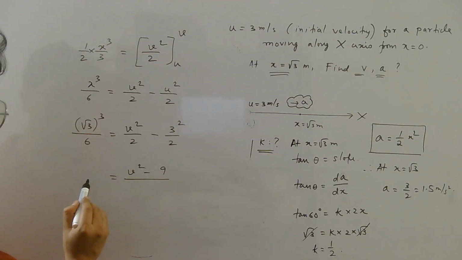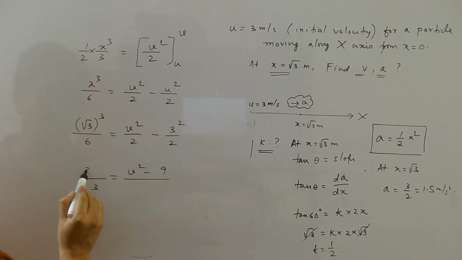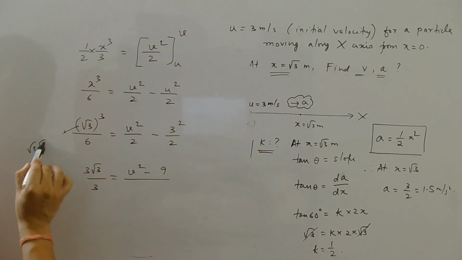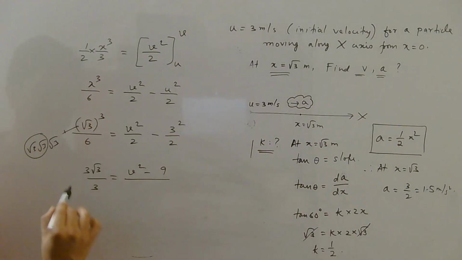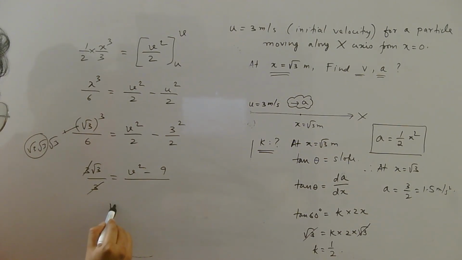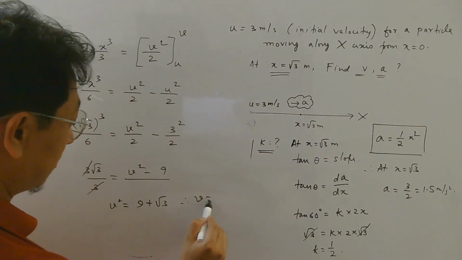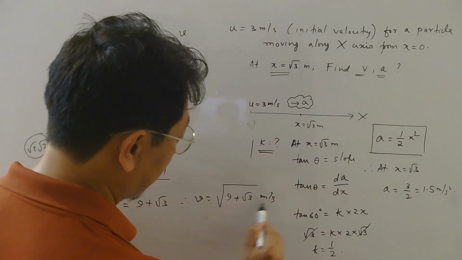Then 2 and this 6, if I divide, I'll get 3 here. Root 3 cubed can be written as root 3 times root 3 times root 3. Root 3 into root 3 will be 3. So 3 root 3 and 3 cancels. So v squared will be, minus 9 will come this side, 9 plus root 3. So final velocity will be under root 9 plus root 3 meters per second. Okay.